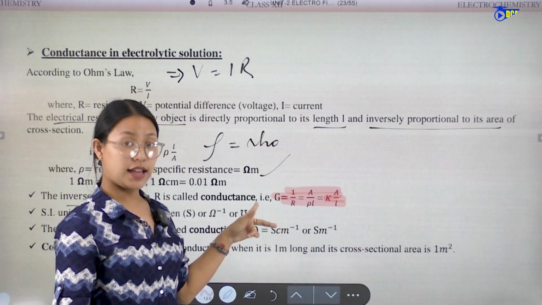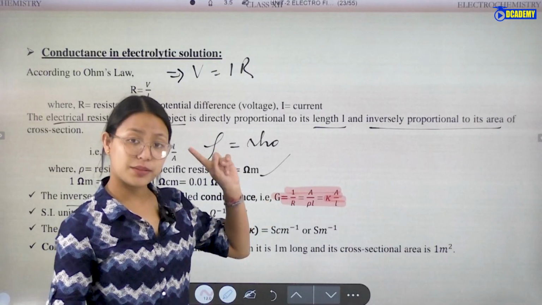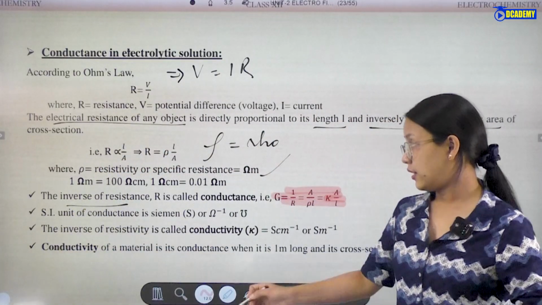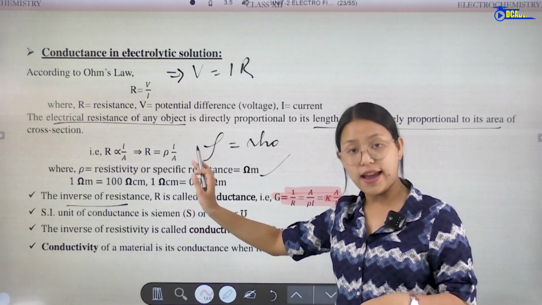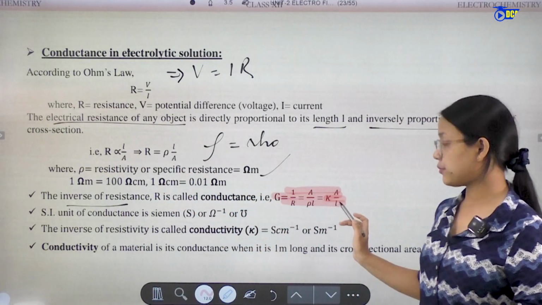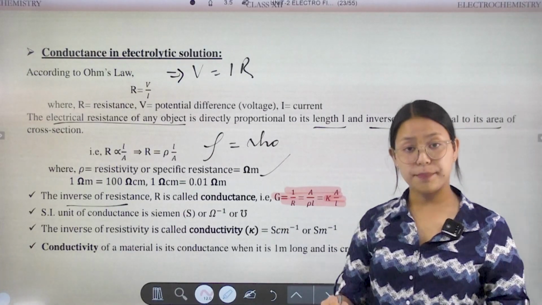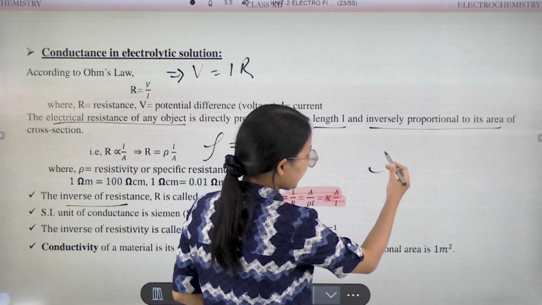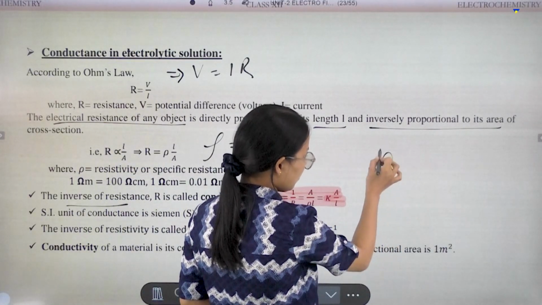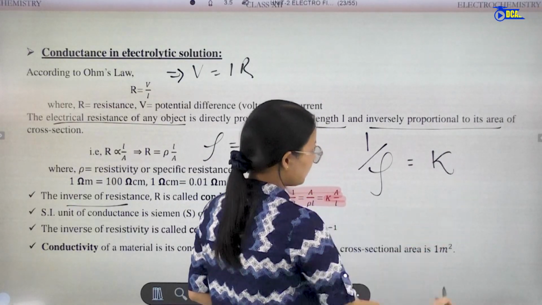Now the formula for resistance is resistance equal to resistivity into L by A. So the conductance is kappa into A by L. What is kappa? Kappa is 1 by rho, equal to kappa.